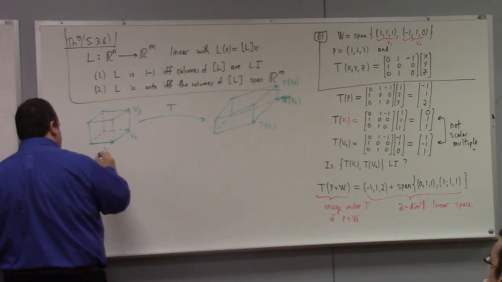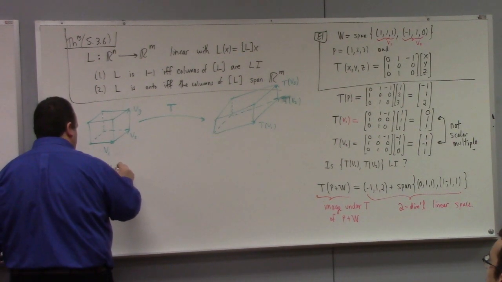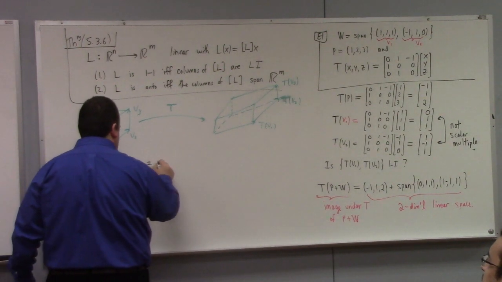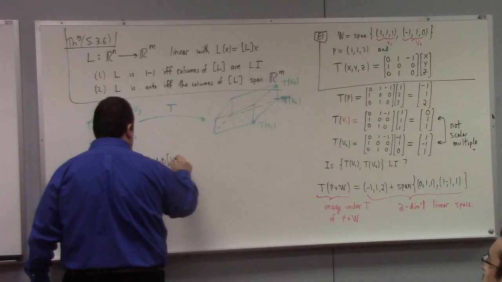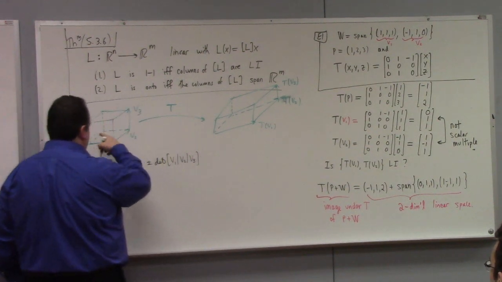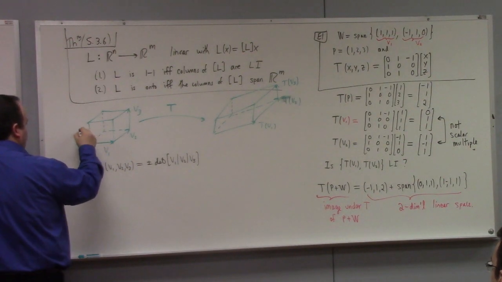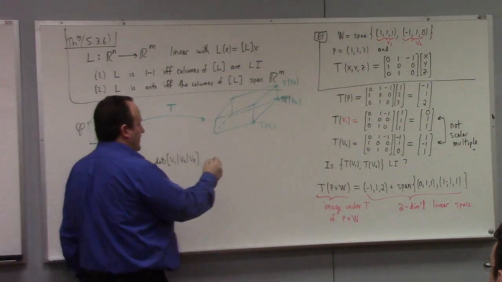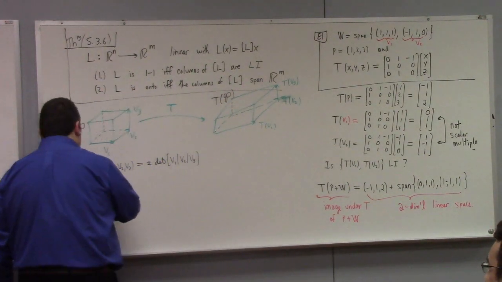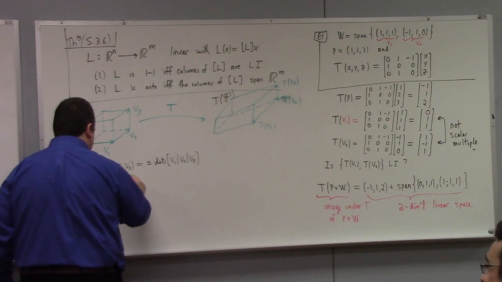So, what's the volume of the input? The volume of v1, v2, v3 is like plus or minus the determinant of the matrix with those concatenated, right? That would be the volume of this guy. So if I call this P, and over here this is T of the parallelepiped, what's the volume of T of P?